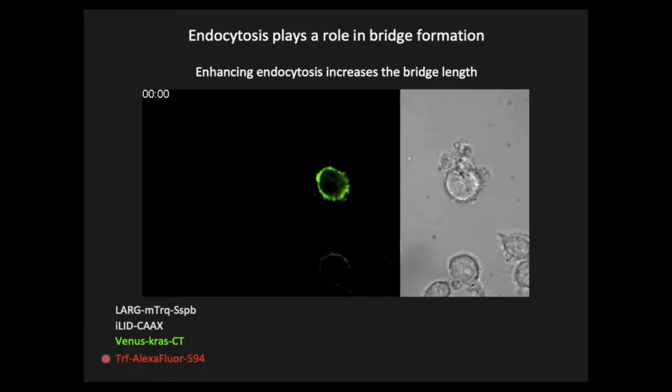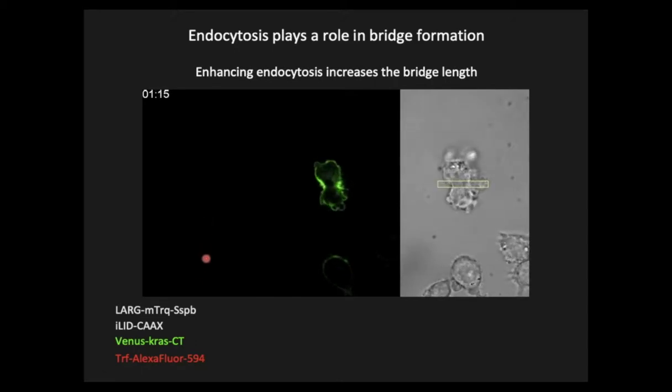Then the idea is to add the transferrin, then induce endocytosis of the transferrin receptor by desensitization and see what happens. As you will see in the movie, the red channel is the transferrin, the green channel is the membrane marker.